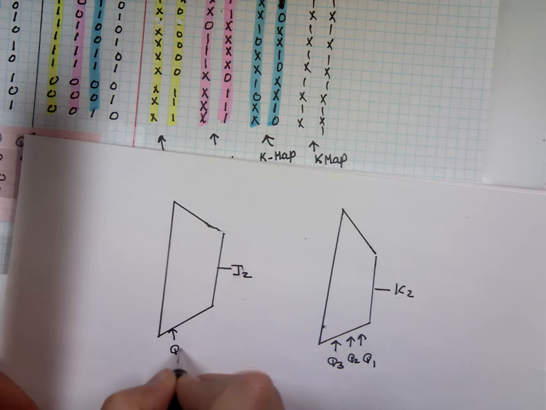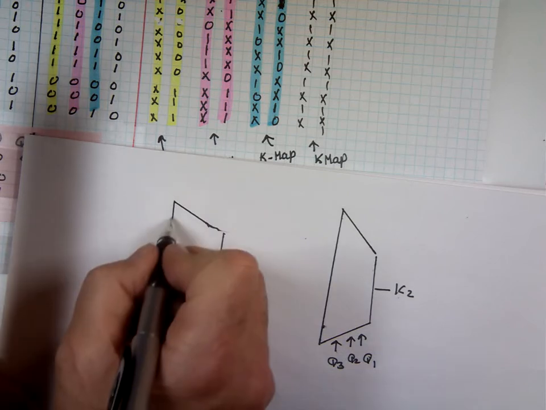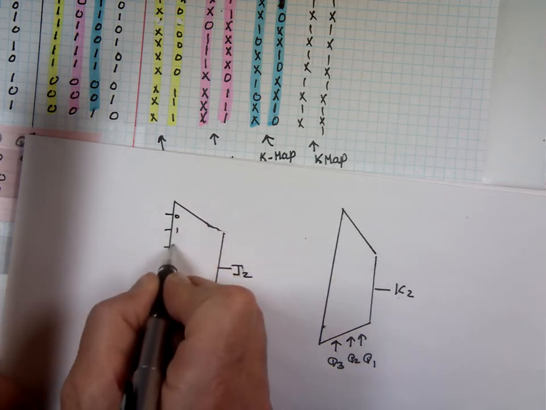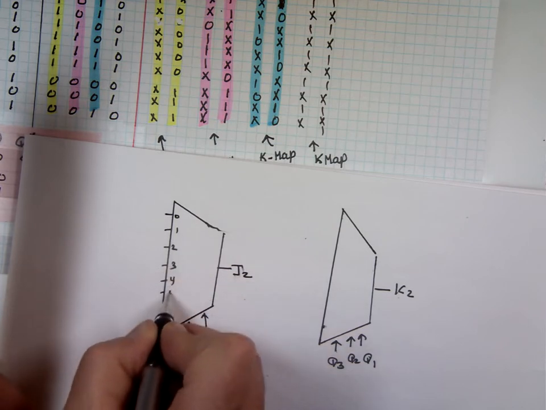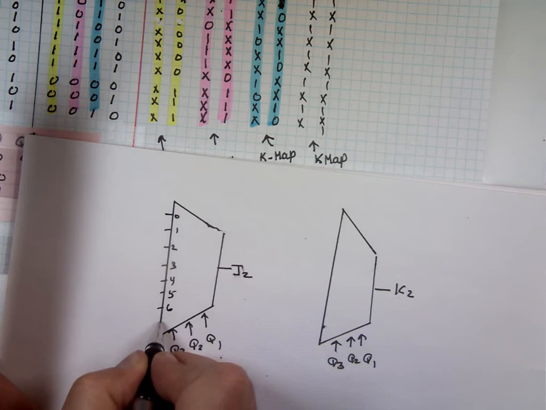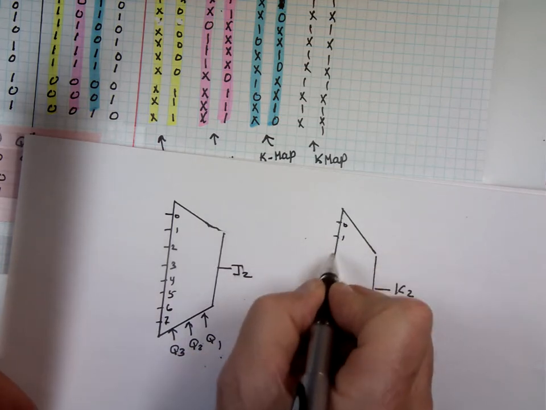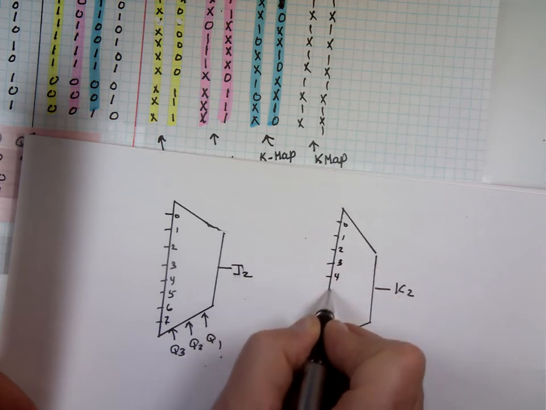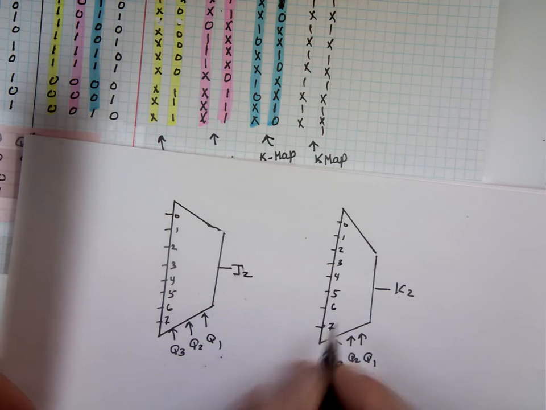I have 8 inputs, 0, 1, 2, 3, 4, 5, 6, 7. Let's put the ruler on it.